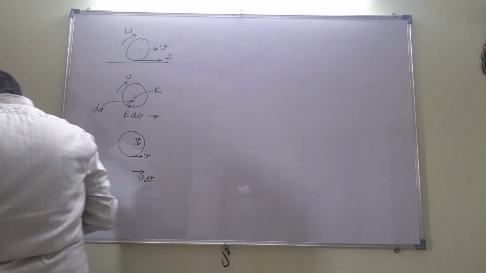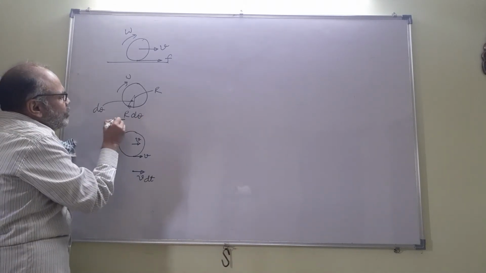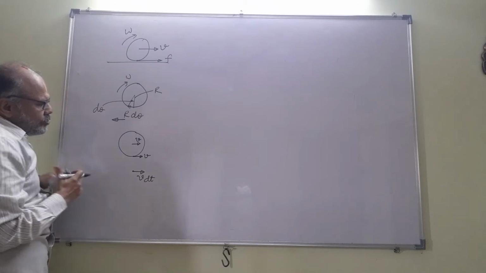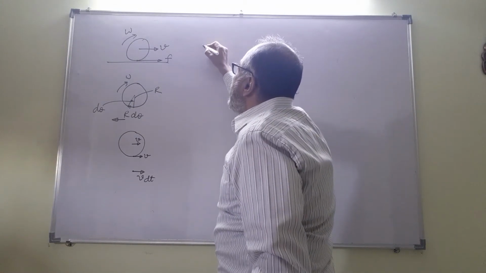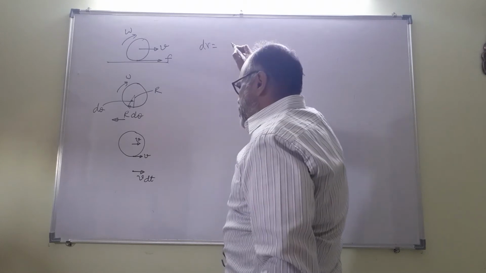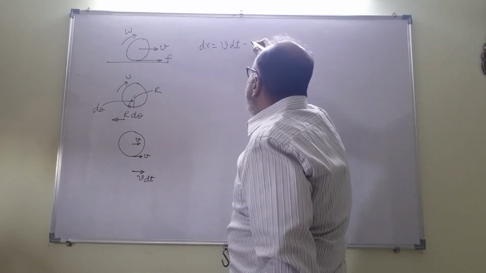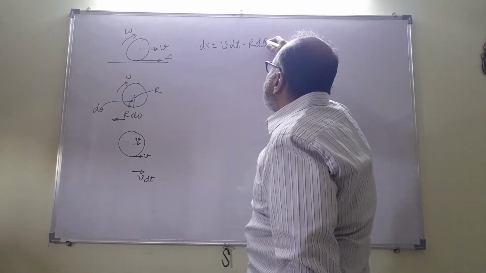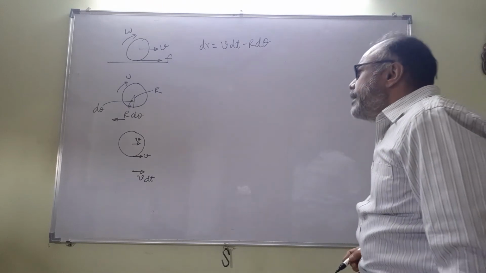This r d theta is towards the left and v dt is towards the right. So what is the net displacement? The net displacement dr is going to be v dt minus r d theta. That is the net displacement dr.